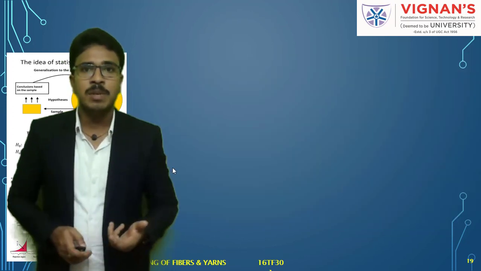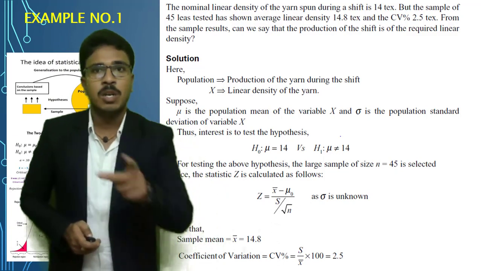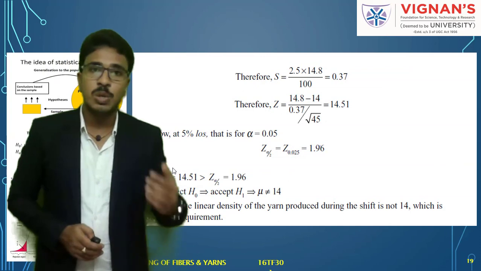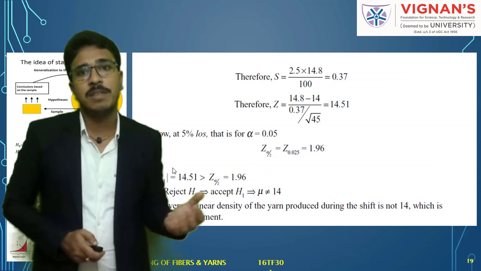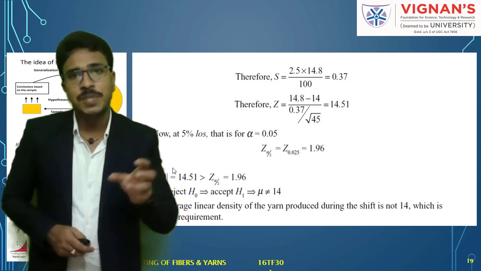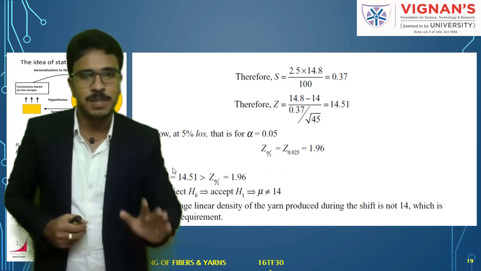So in the problem, is the level of significance mentioned anywhere? Nowhere is the level of significance mentioned, so we can directly take the level of significance as 5%. In any problem, if the level of significance is not mentioned, we can take it as 5%.